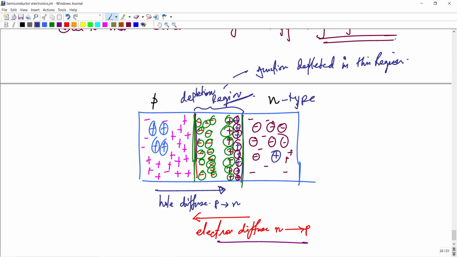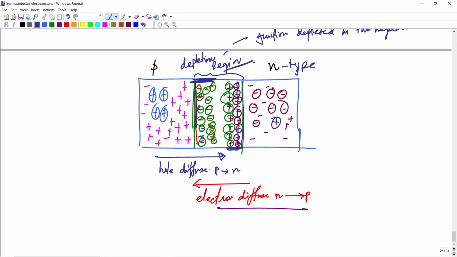Okay, so in the depletion region, due to the concentration gradient, you get some depletion region. On the left side of this depletion region, we see a huge number of electrons, and on the right side we get a huge number of holes. So it creates a space charge region. So this depletion region is a space charge region, and there are two types of space charge region: a negative space charge region and a positive space charge region.